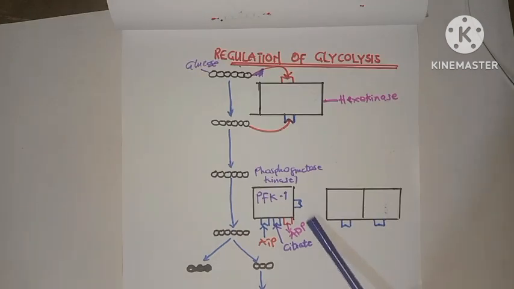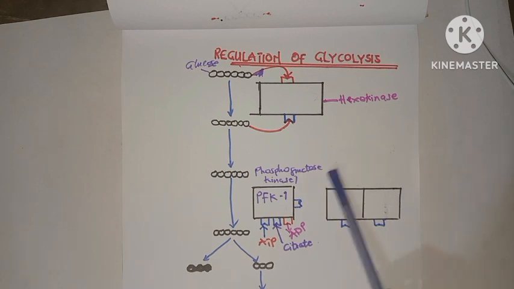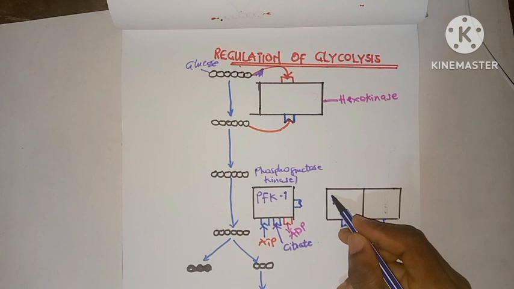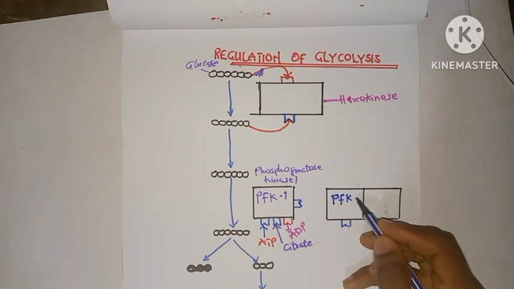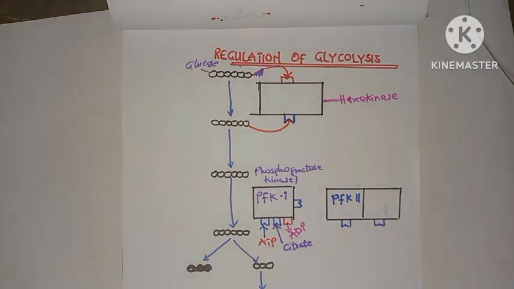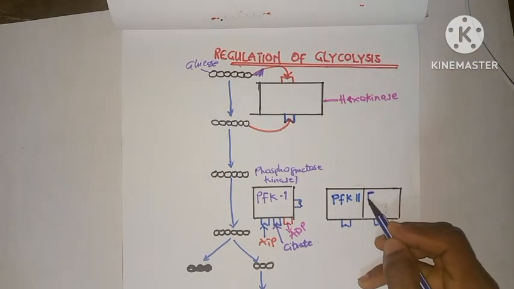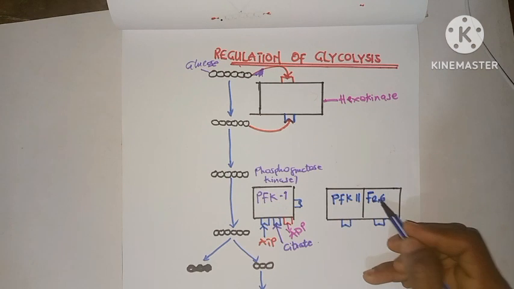Now, this one here is also two enzymes combined as one. This part here is known as phosphofructose kinase 2, and this other part of the enzyme is known as fructose 2,6 bisphosphatase.